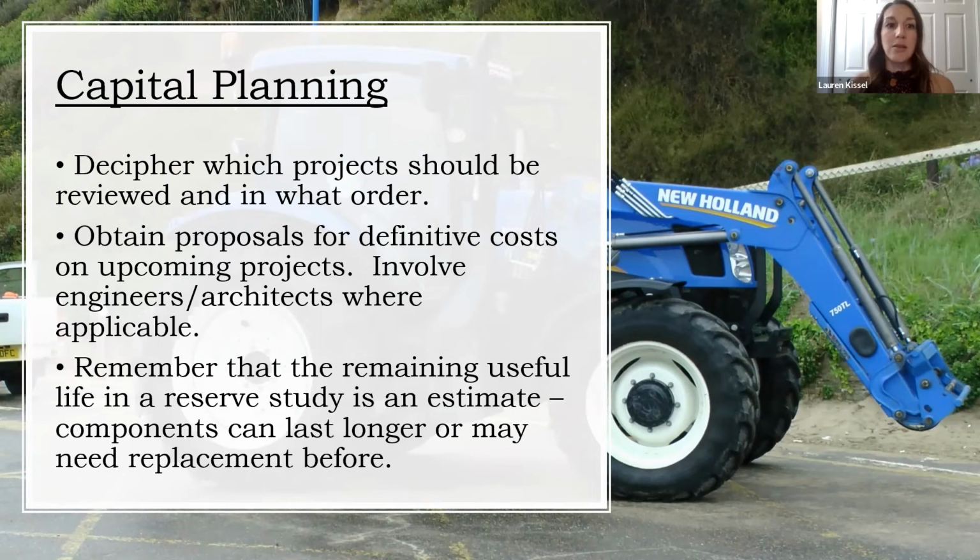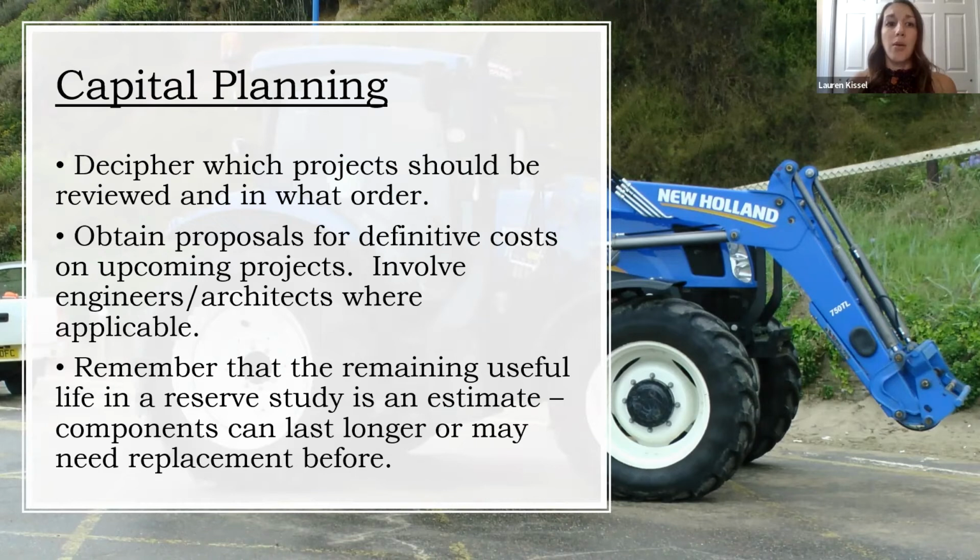expenses and projects. If you have projects coming up, you are going to want to obtain proposals that have definitive costs for said projects. In the reserve study, the engineer is including the cost estimate for the project itself. They're not including any other fees that might go into that project.